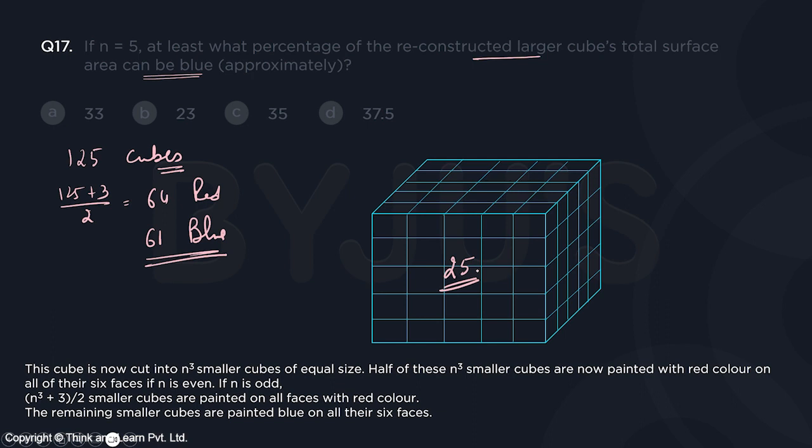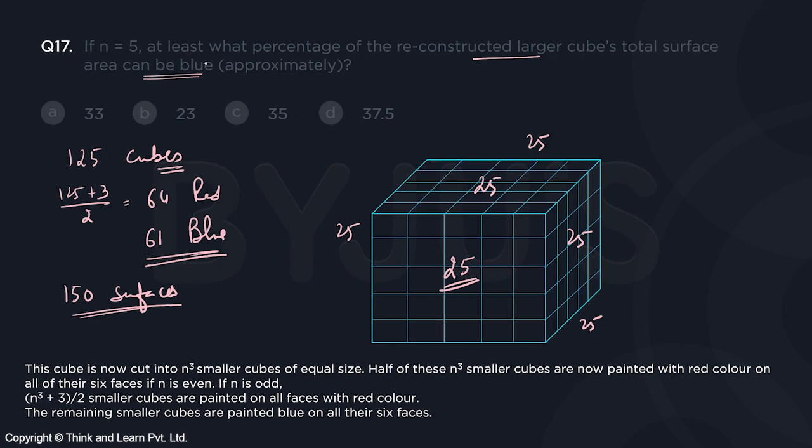A cube actually has 6 surfaces. So I am talking about surfaces now. It has 25 surfaces on one face, 25 here, 25 here, 25 on that side, 25 behind and 25 in the bottom. So the total number of outside surfaces is 150.